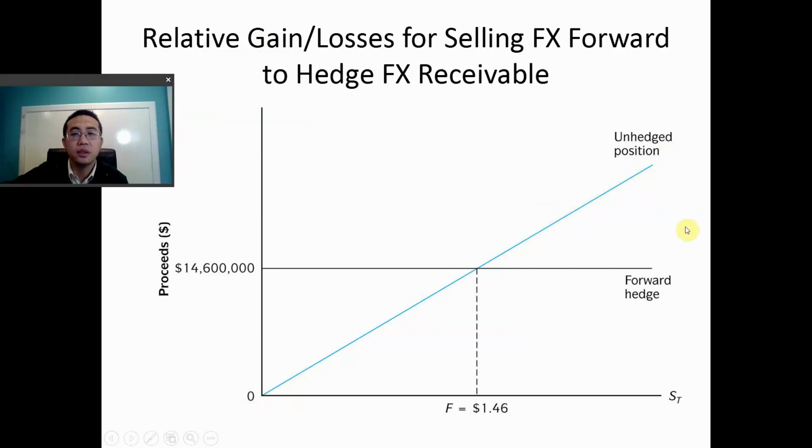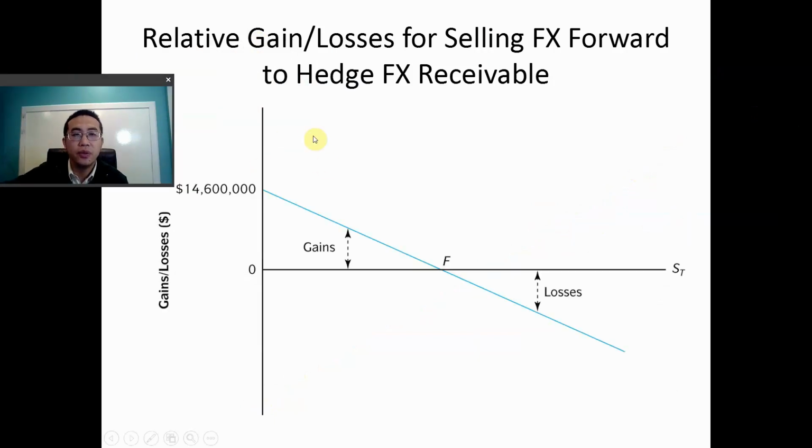Okay, so if you compare the spot rate and the forward rate, there could be some gains and some losses. If the spot rate goes very low to zero, between receiving zero and receiving $14.6 million, definitely $14.6 million is better.